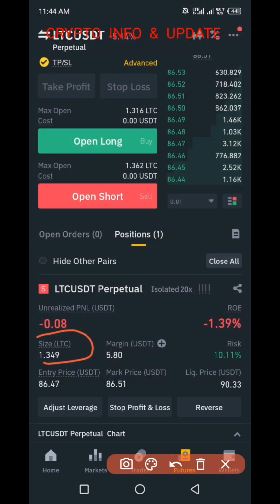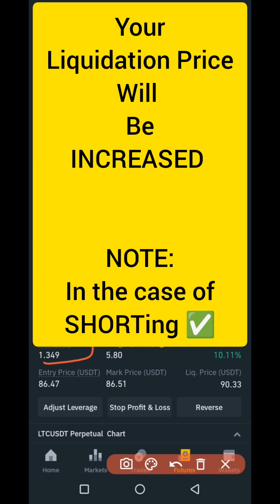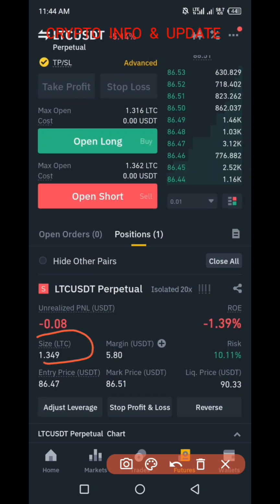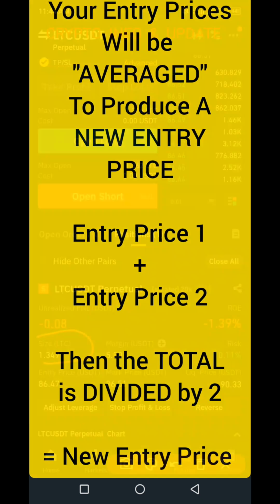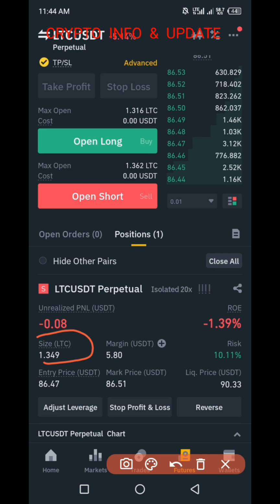Then your liquidation price will be increased if it is in a short position, like in this trade now. Then your entry price will be averaged, meaning the initial entry price plus the second entry price, added together and divided by 2 to generate the new entry price. Do you understand? All of this is to your advantage.